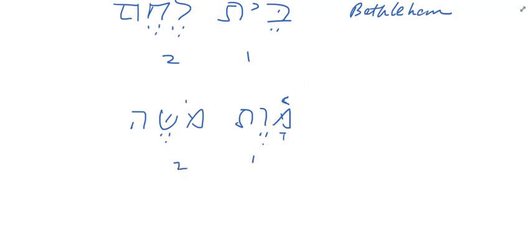What will mavith become? Mavith becomes mot. It becomes a holam vav when it becomes unstressed. Mot Moshe, the death of Moses. So diphthongs will contract when they lose their stress.